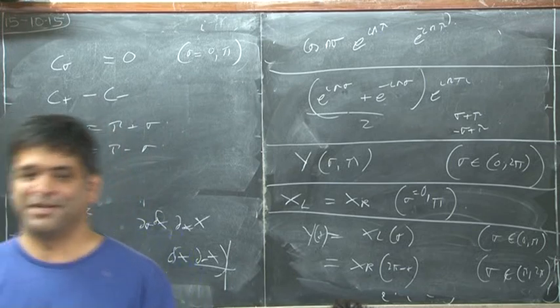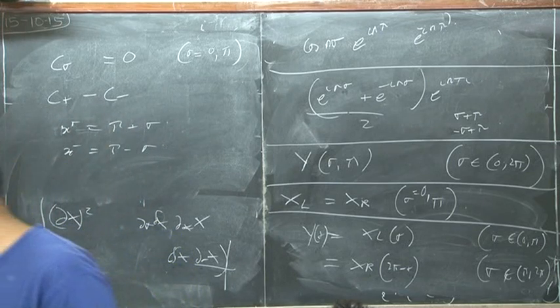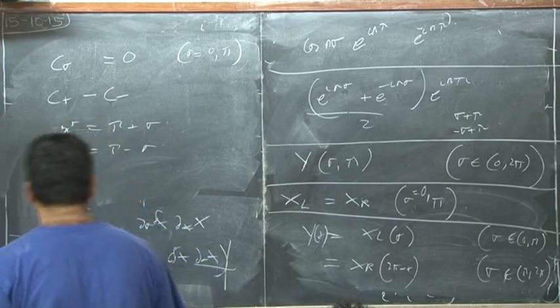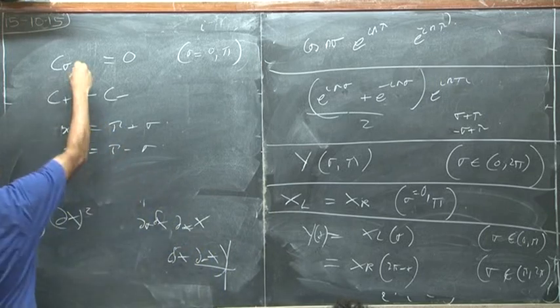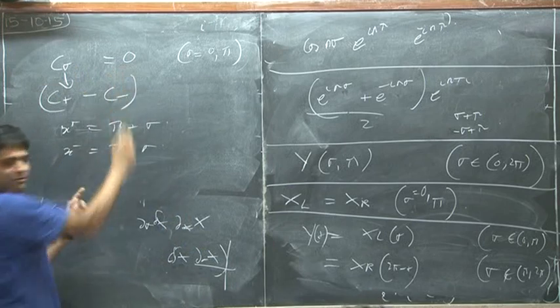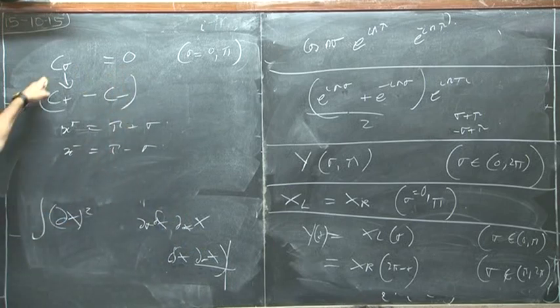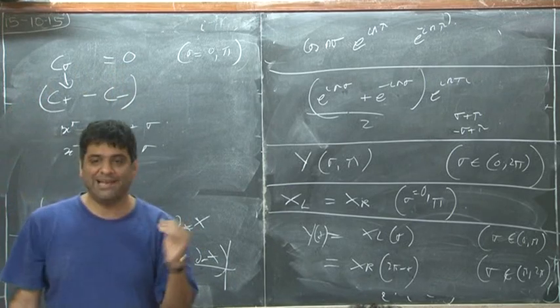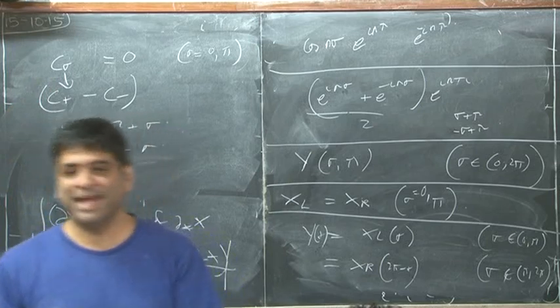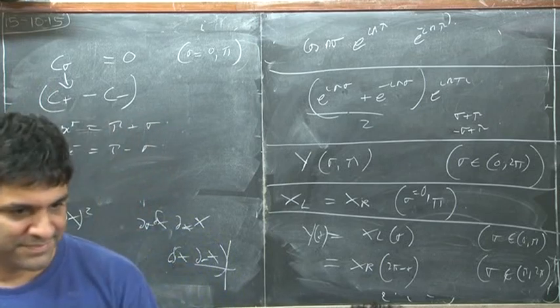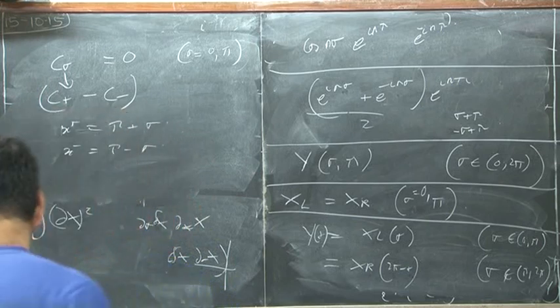So tau plus sigma minus tau minus sigma is 2 sigma. Okay, so this is proportional to this with some factor of 2. So if you want this to vanish at the boundaries, what you want is C plus and C minus to be equal at the boundaries.